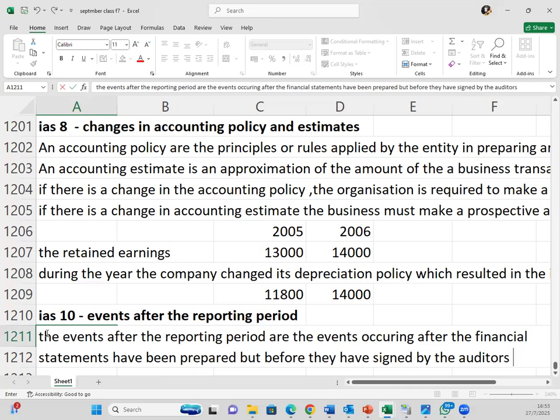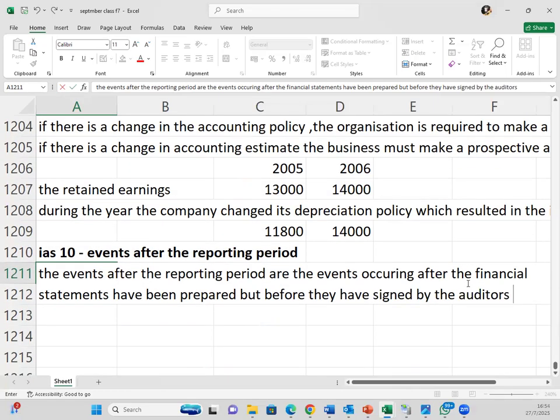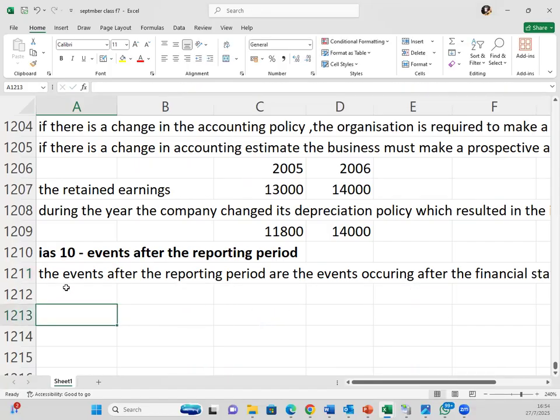So the financial statements are prepared, then they are handed over to the auditors to verify these accounts. After the accounts have been verified by the auditors, they are then sent to the shareholders. So during that period, after the accounts have been prepared but before they are done being verified by the auditors, we can come across certain issues.